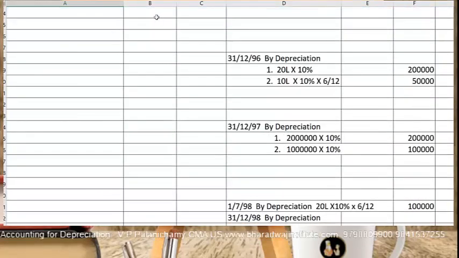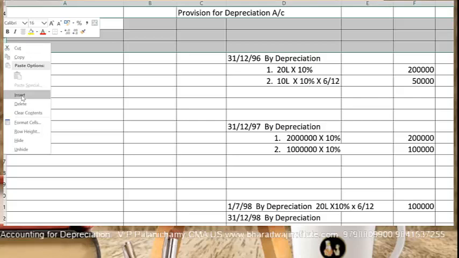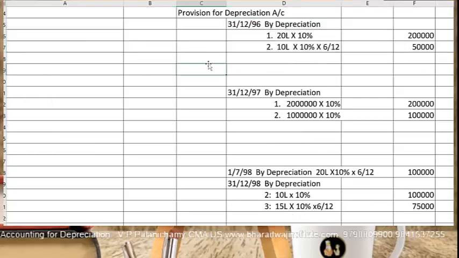So when I open the provision for depreciation account, whatever depreciation is charged on the asset will come to the provision for depreciation account. On 31/12/96, by depreciation: for the first asset 10%, for the second asset 6 months.